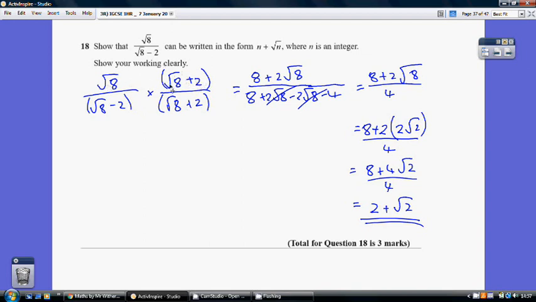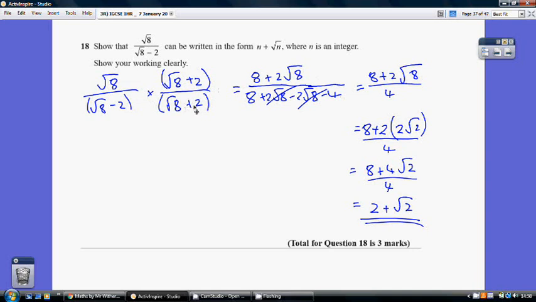So root 8 times root 8 is 8, and root 8 times plus 2 is 2 lots of root 8. Now with the denominator, root 8 times root 8 is 8, root 8 times 2 is 2 root 8, minus 2 times root 8 is minus 2 root 8, and minus 2 times plus 2 is minus 4.